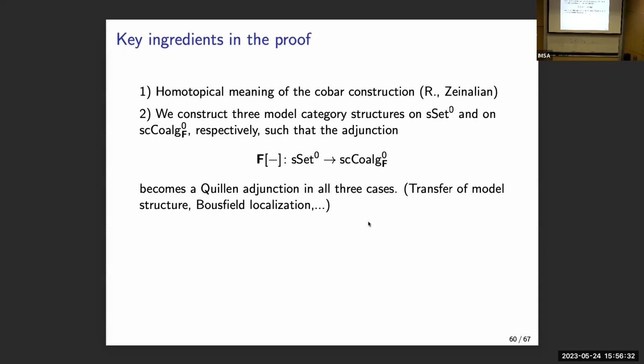As I also said in Goerss, we construct three model category structures on reduced simplicial sets and on the side of simplicial co-commutative coalgebras, three pairs, such that this becomes an equivalent adjunction in all three cases. This uses transfer of model structure techniques, Bousfield localization, and some abstract nonsense.